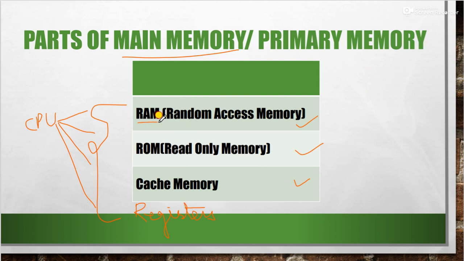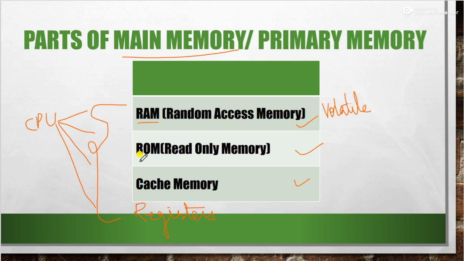So first is your RAM, which stands for random access memory. The data in this is volatile in nature. Volatile means it is not permanent, it is completely temporary in nature. Okay, the data in RAM is volatile in nature. It means if you are storing any data, and suppose the light goes or by mistake your system is off, then whatever data you have stored in the RAM will be erased automatically.